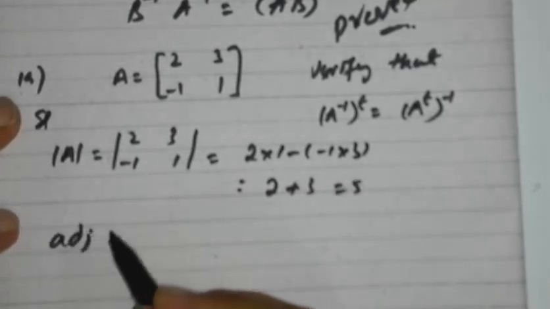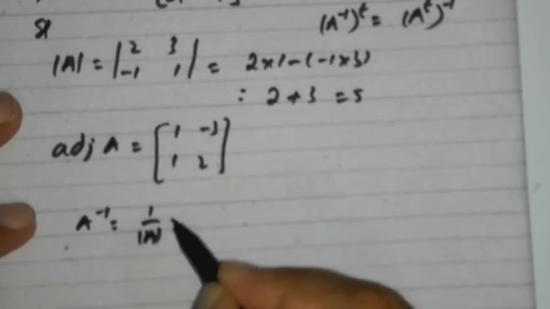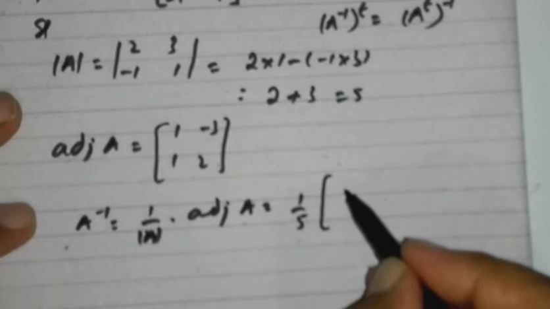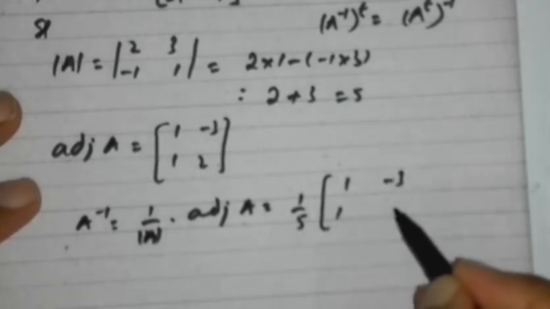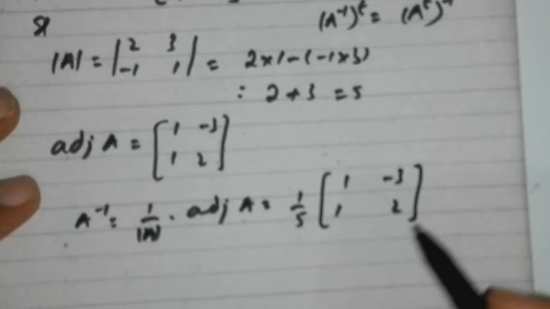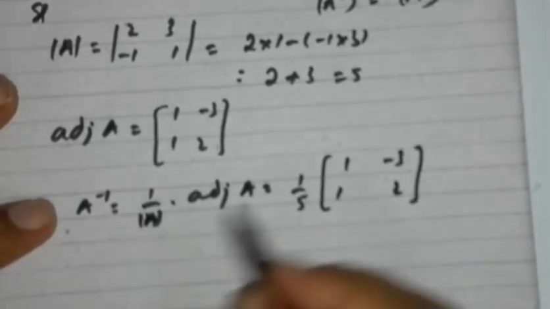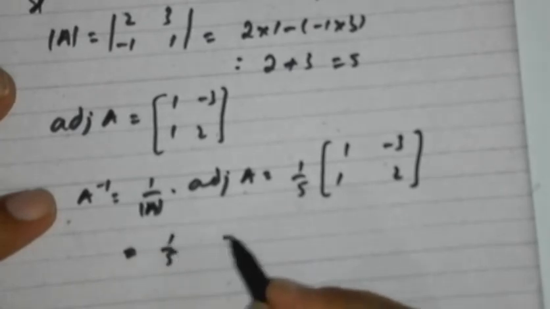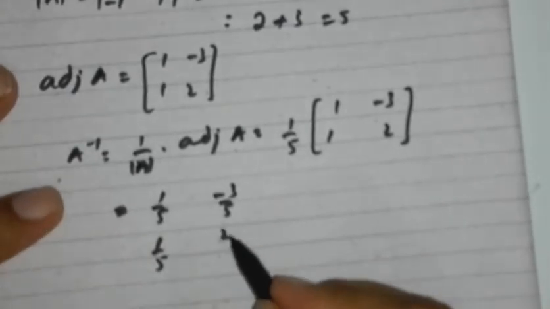Now the adjoint of A: change the places of these two and the signs of these two. Now A inverse is 1 over determinant of A into adjoint of A, which is 1 over 5 into 1, minus 3, 1, 2. Multiply this 1 over 5 inside, so we get 1 over 5, minus 3 over 5, 1 over 5 and 2 over 5.